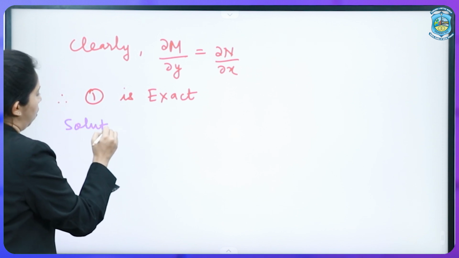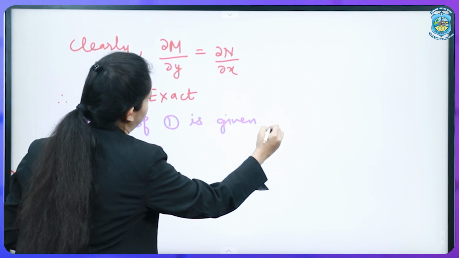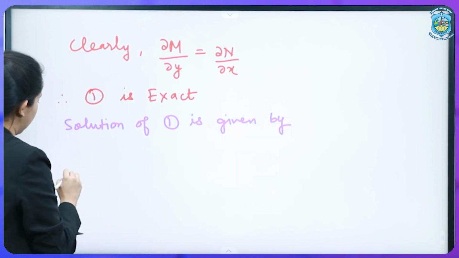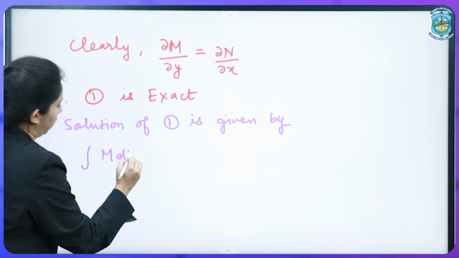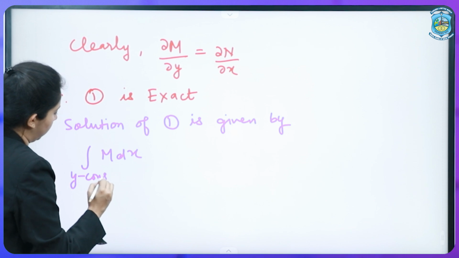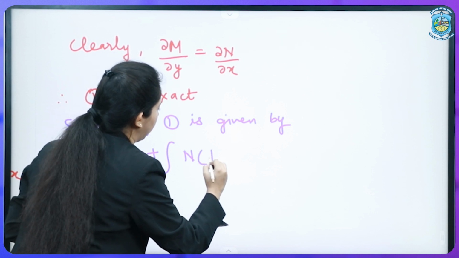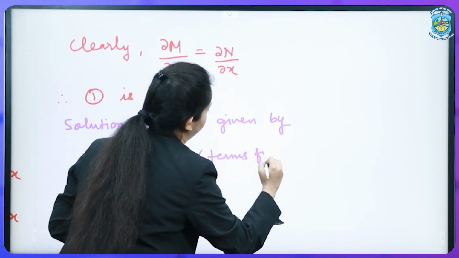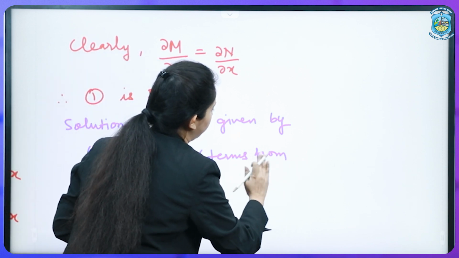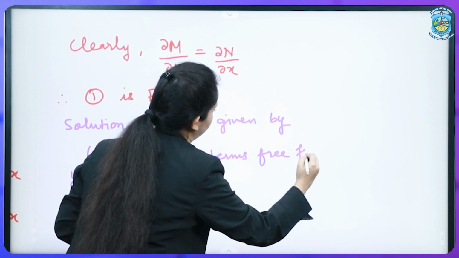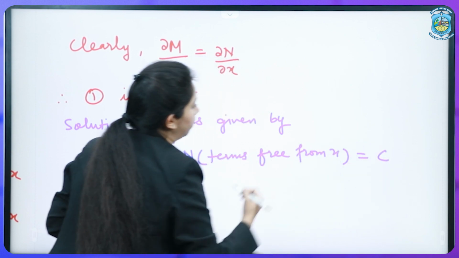So the solution of equation number 1 is given by, here the formula is integration of M dx treating y as constant, plus integration of N, only those terms of N which are free from x, is equal to c.